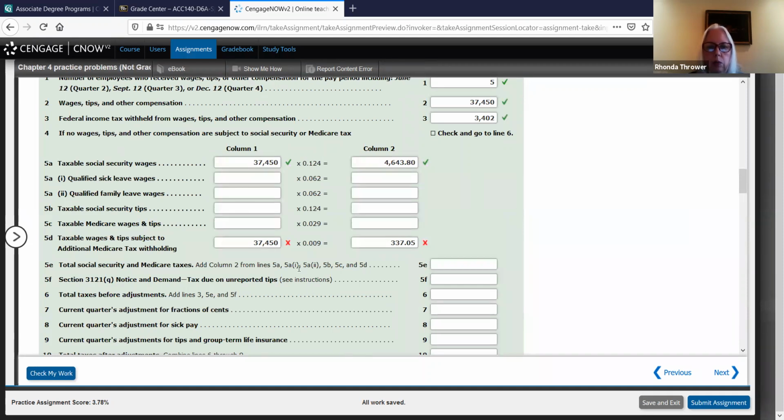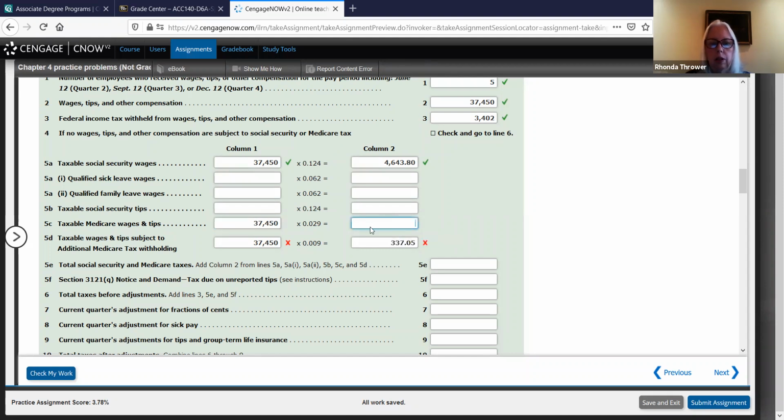And obviously my math was not correct. Let me go back and see. Oh, I skipped down to the wrong line. I'm sorry, this is for the additional Medicare tax withholding. What I should have done is put it in line 5C, which is the taxable Medicare wages. It's a good thing we checked our work, because it caught me.